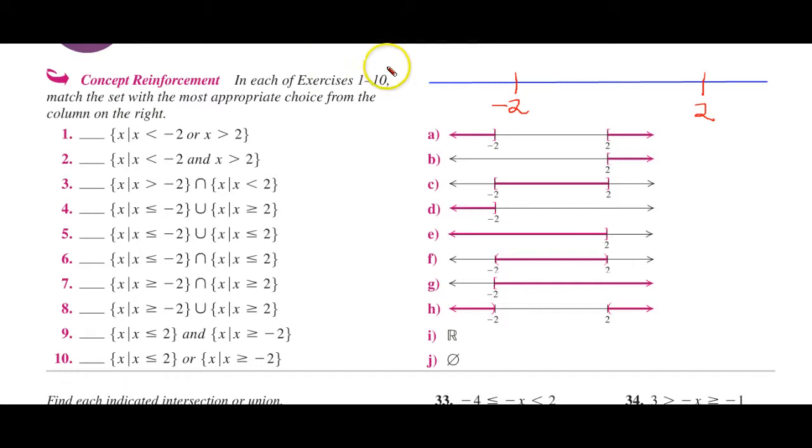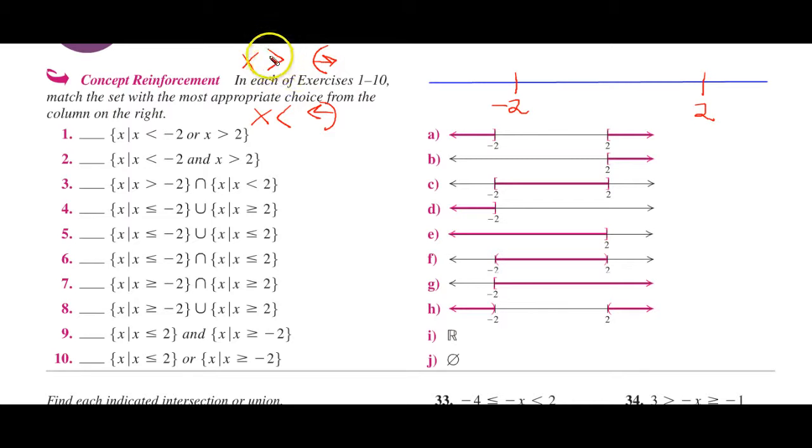Now, we said that if x is greater than, all by itself, we would use a parenthesis facing to the right. If x is less than something, we said we'd use a parenthesis facing to the left.